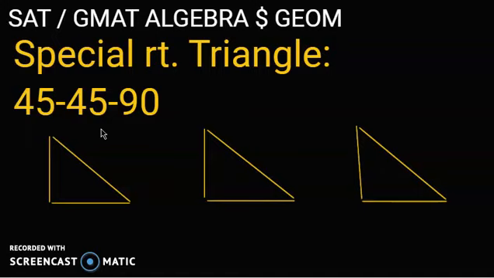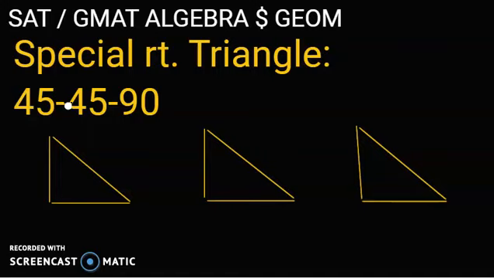In today's SAT geometry class, we will be doing special right triangle 45, 45, 90. This topic is really important for the SAT because there are questions in the SAT from this topic.